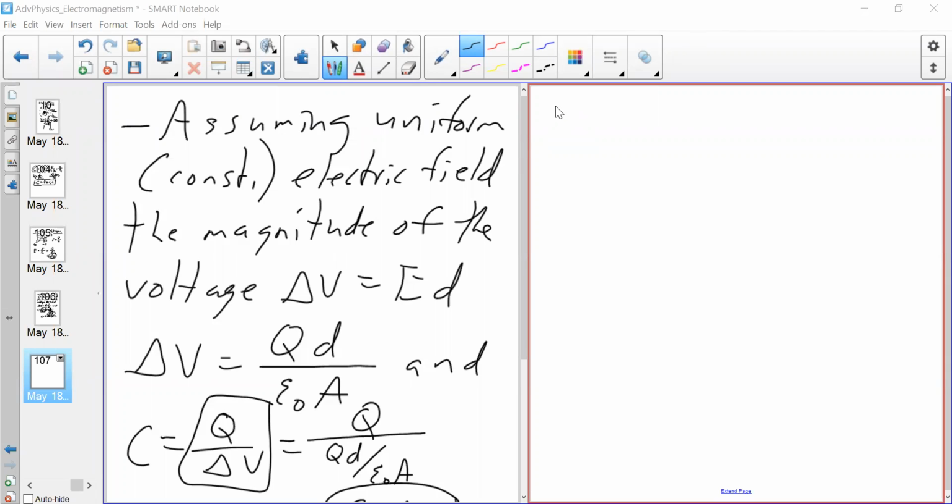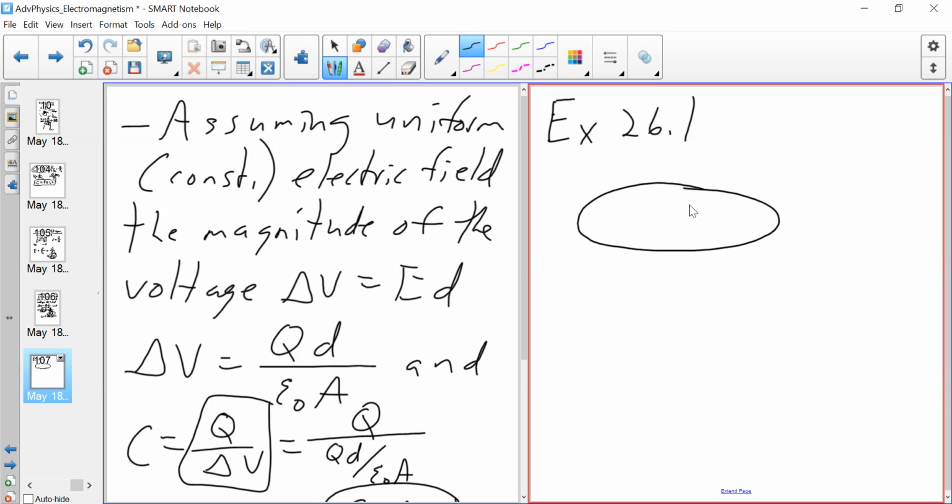All right. So example 26.1, we have a solid cylindrical conductor of radius A and charge Q that is coaxial with a cylindrical shell of negligible thickness, radius B greater than A, and charge negative Q. So we have something that looks like this.